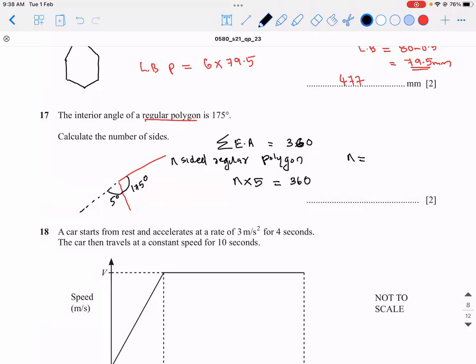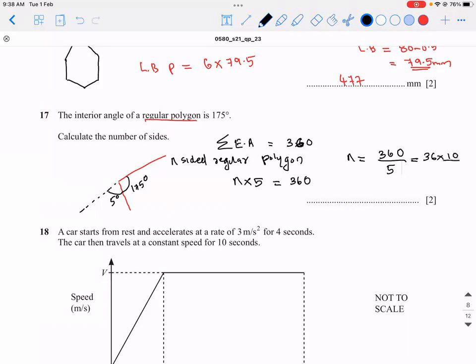Therefore, we can make n the subject. That is 360 upon 5. So could you please calculate it? 360 upon 5. What is our answer?